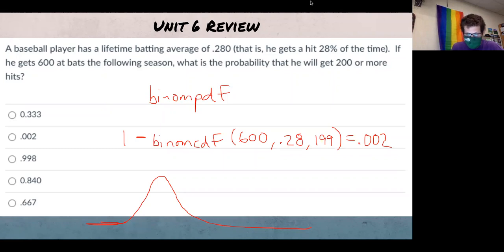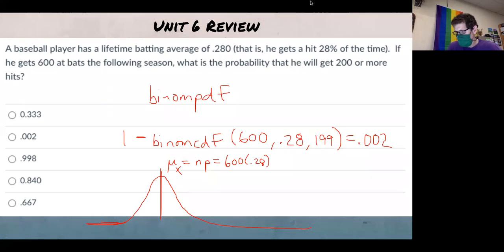So what we're saying is this. The mean of a binomial distribution, I'll just put x for this random variable x, is going to be n times p. So there are 600 trials with a 0.28 probability of success.